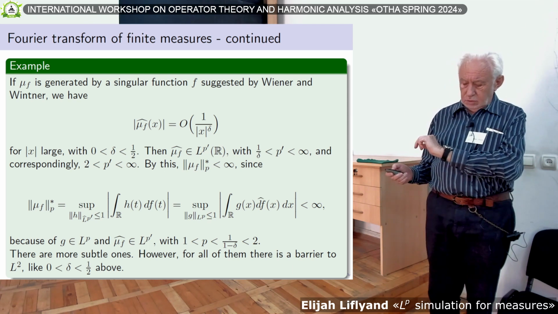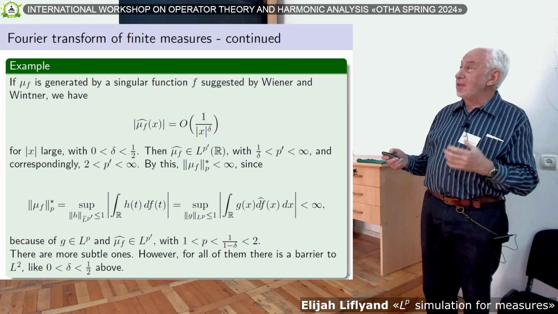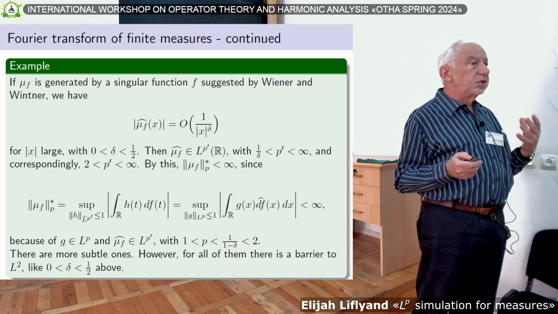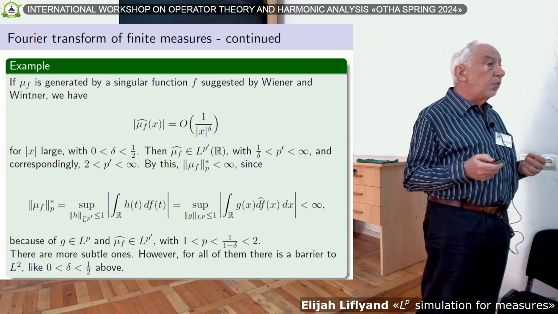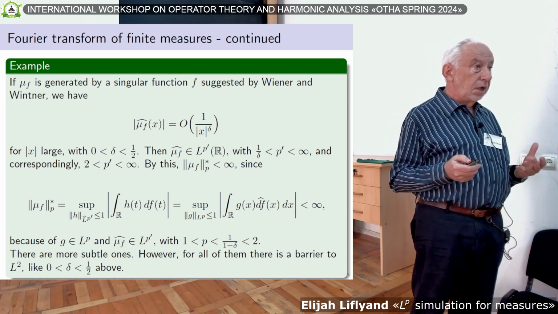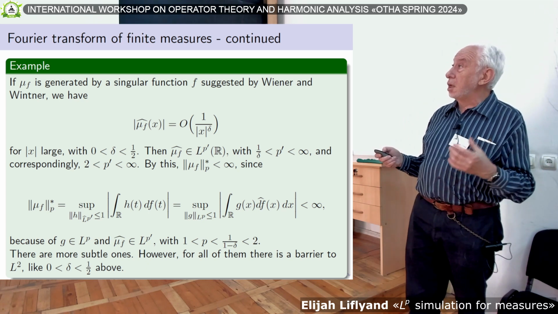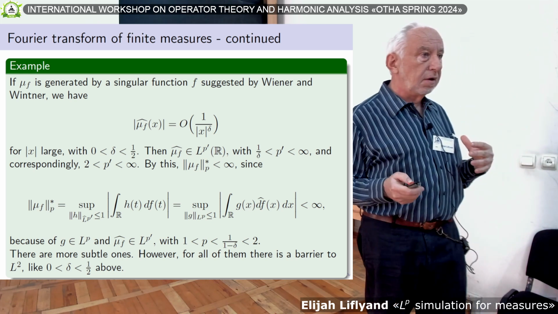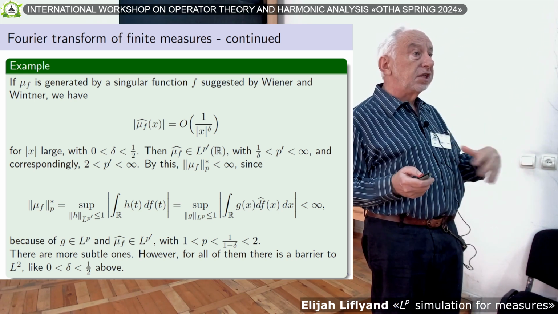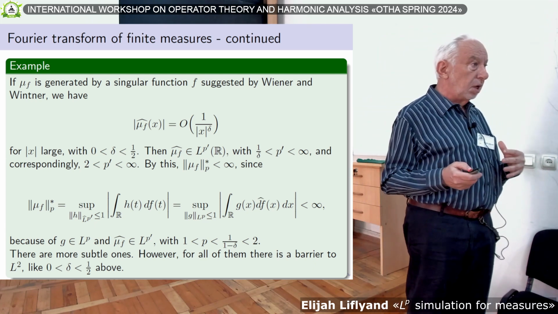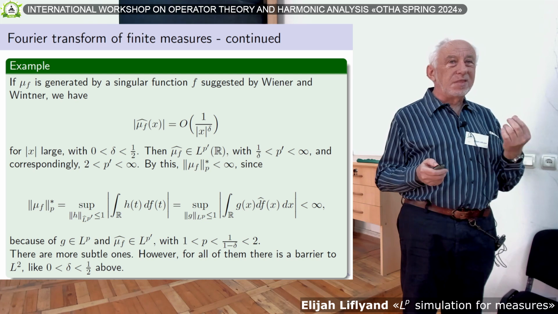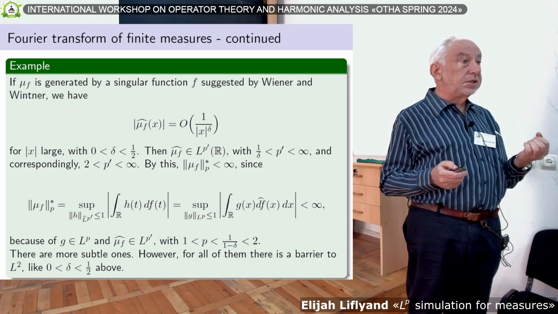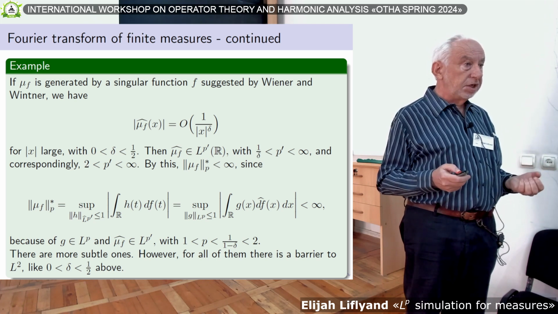And to get a flavor of all this, this classical example belongs to a classical direction started by a famous paper by Wiener and Wintner. How does the Fourier transform of a singular measure generated by a singular function behave? The main point here is the Riemann-Lebesgue lemma. For L1 functions, the Fourier transform vanishes at infinity.